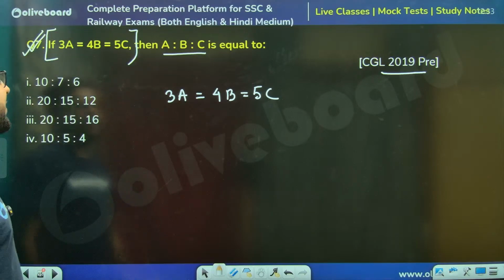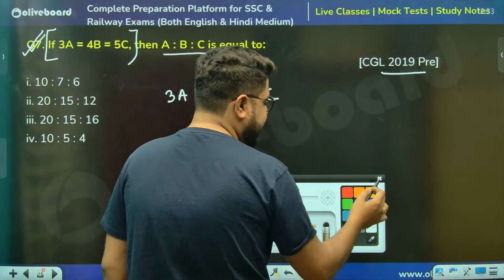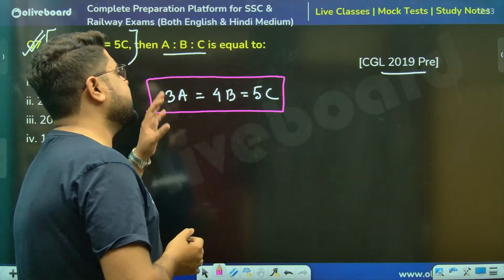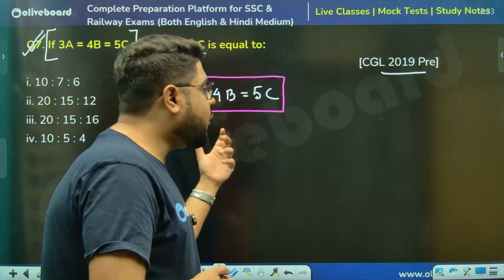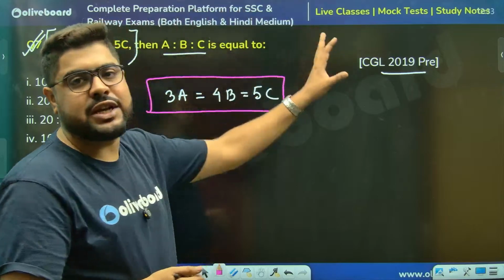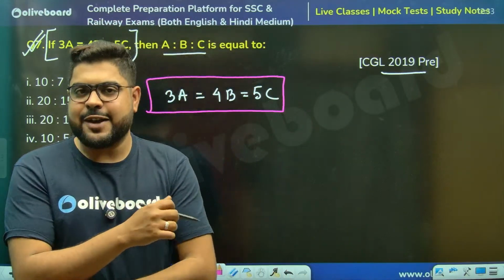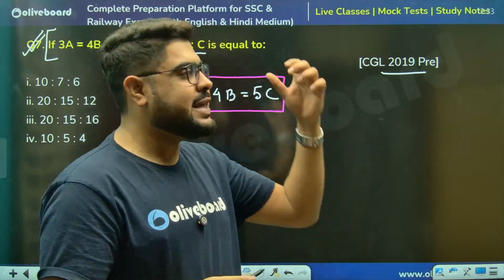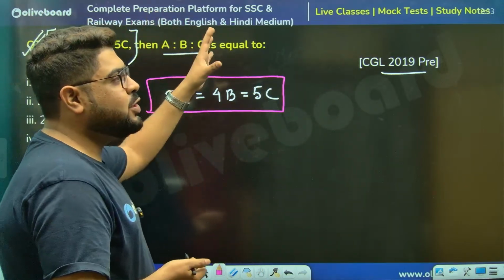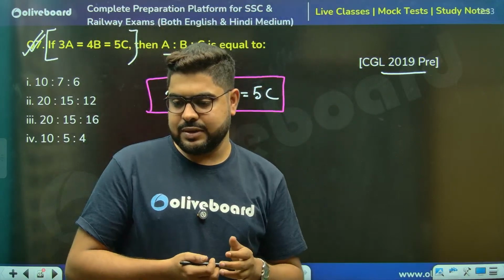Reena has given the answer already. Remember one thing, this is also asked in the form of a word problem. 1260 rupees have been divided between 3 friends A, B, and C in such a manner that 3 times A's share is equal to 4 times B's share is equal to 5 times C's share.